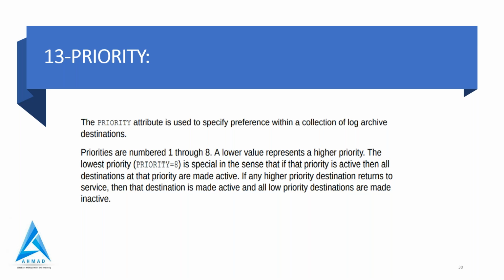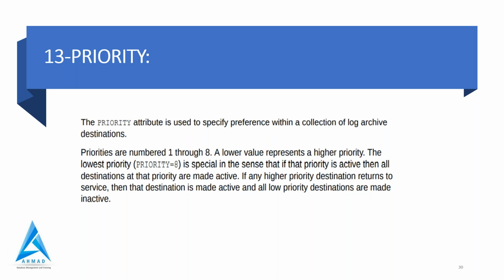So suppose you are setting LOG_ARCHIVE_DEST_1 SERVICE equals standby1, SYNC, GROUP equals 1, PRIORITY equals 1. LOG_ARCHIVE_DEST_2 SERVICE equals standby2, SYNC, GROUP equals 1, PRIORITY equals 1. So I am giving the priority of dest 1 and dest 2, so that's why it will take that location first. Got it?